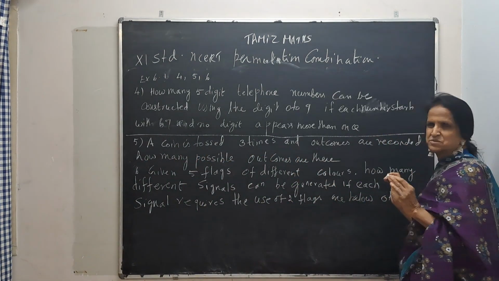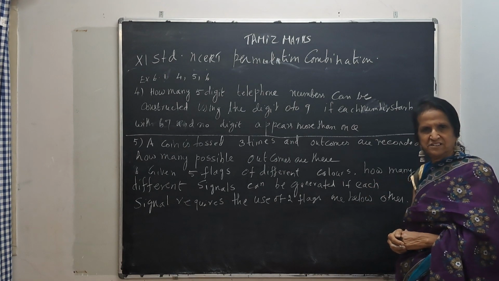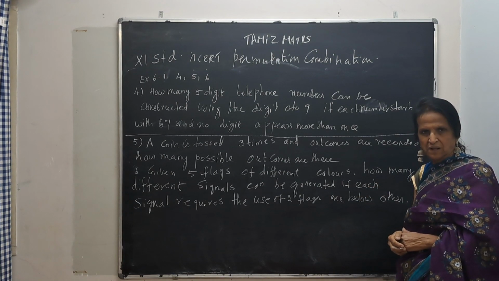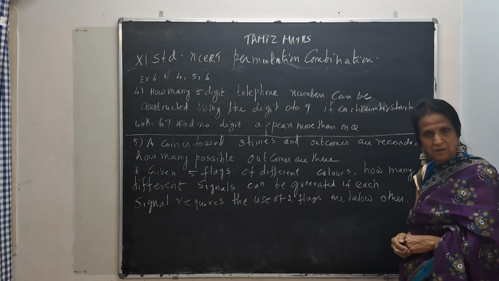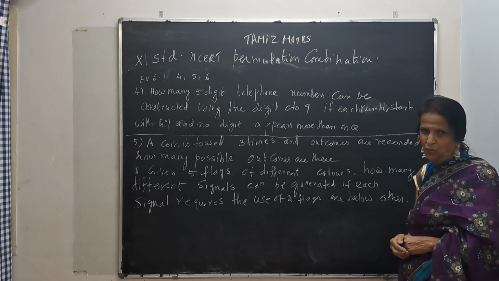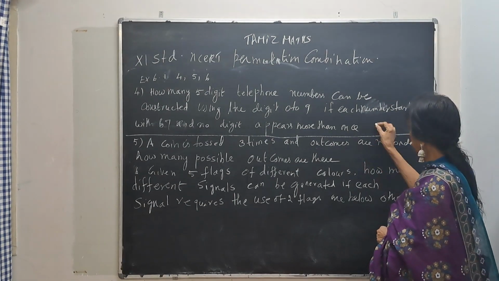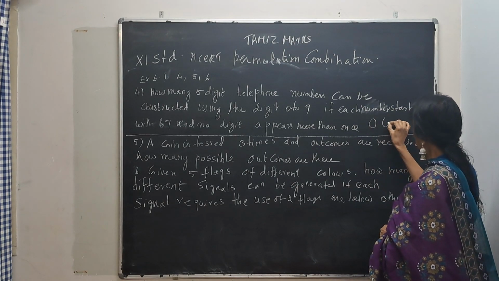See, working is just one line. You are having a 5-digit telephone number. How should the telephone number be? As you like, students? No. It should always start with 6, 7.